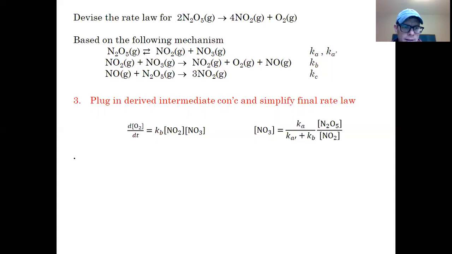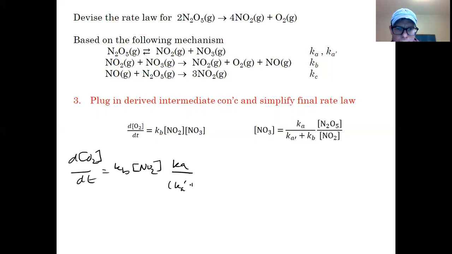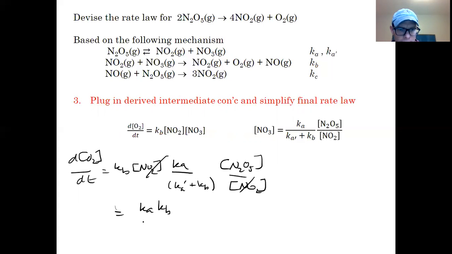If I plug this in, dO2/dt equals Kb NO2 times Ka N2O5 over Ka prime plus Kb NO2. The NO2 terms cancel, and this equals Ka Kb over Ka prime plus Kb, times N2O5.